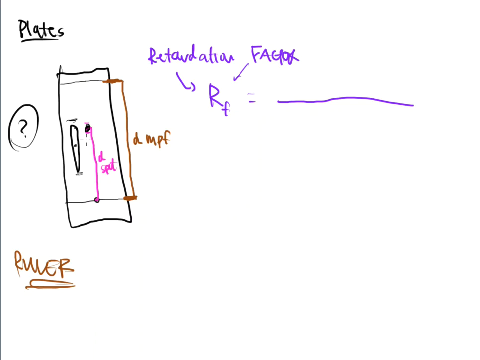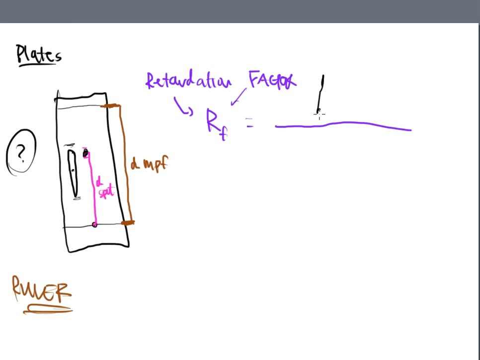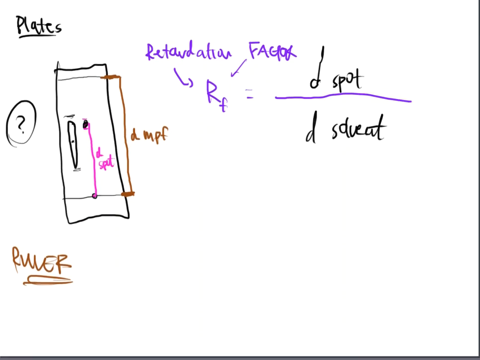Okay, so once I do these two distances, I then take those measurements and then I'm going to divide them. That's the only thing that I have to do. So up here at the very top, I'm going to take the distance of my spot, and then I'm going to take the distance of the solvent or the mobile phase front, and I divide the two numbers by each other.